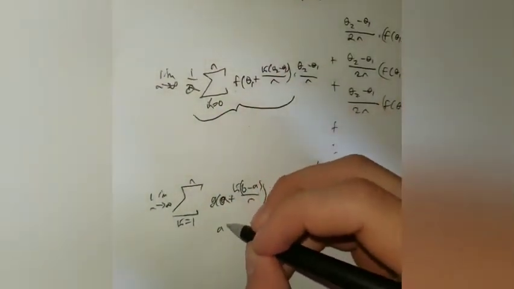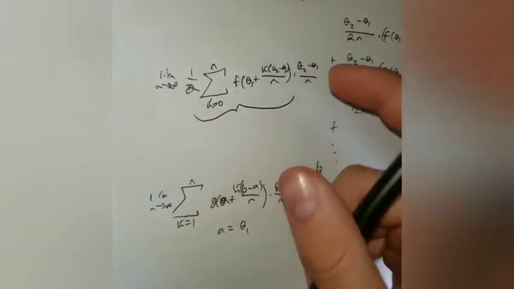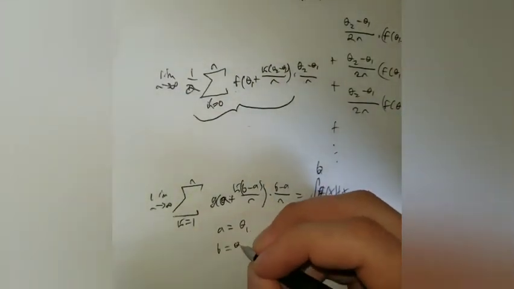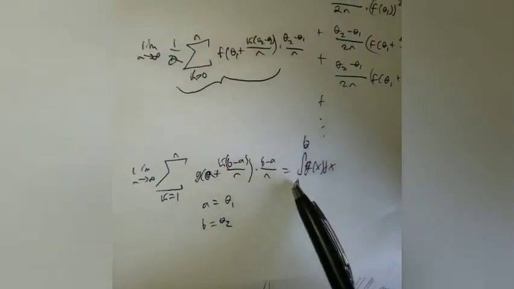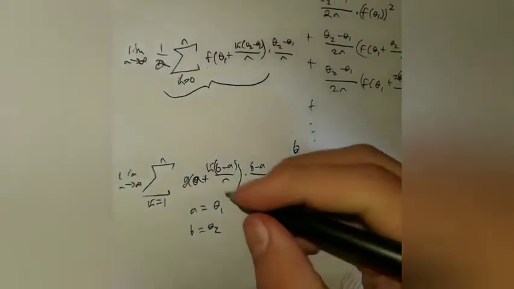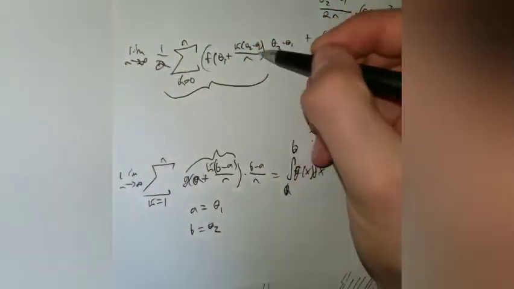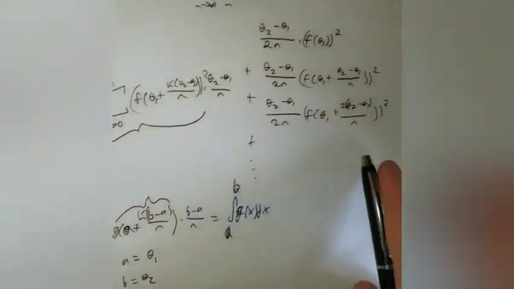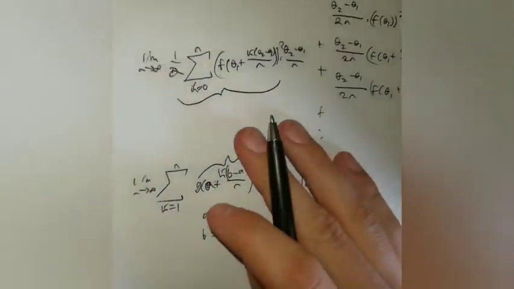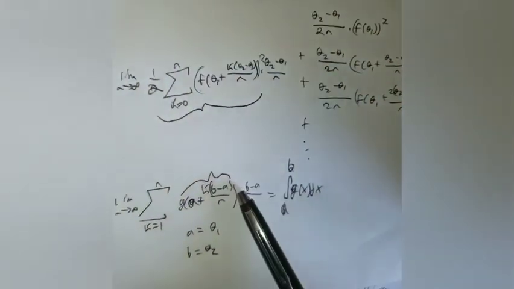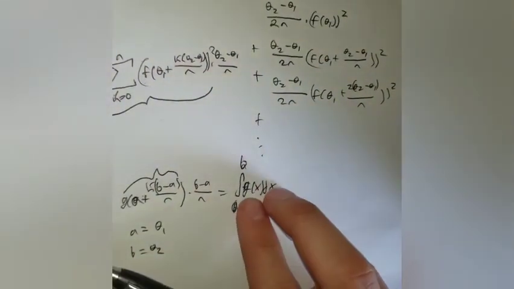So a is just equal to theta 1, b is equal to theta 2, and then this is just this squared. Just forgot to write that. Yeah. So these two are equal, so you can write this as an integral.